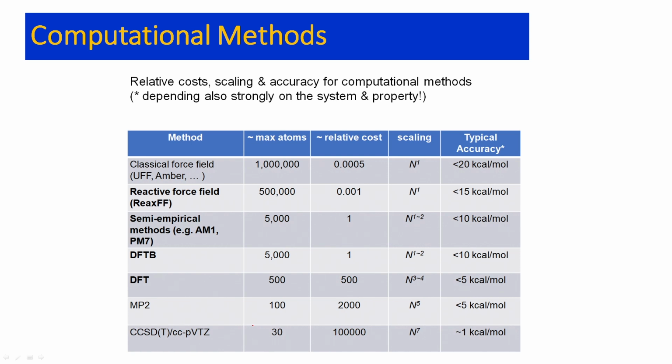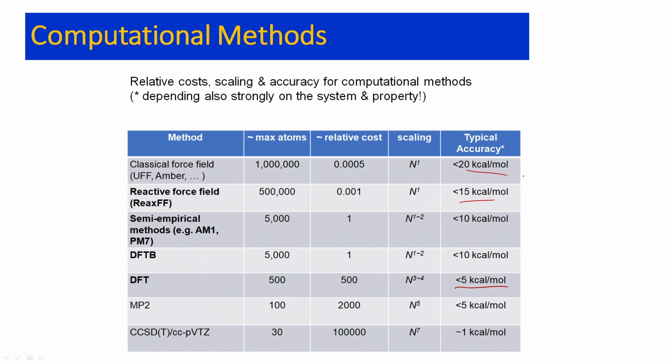MD with classical force field methods can use very large numbers of atoms, 100,000 or so. Now, DFT can use a very small number of atoms, 500 maximum, and it scales with 10 to the power 3. It is very costly, relative cost is almost 10 to the power 4 or 5 times larger. Typical accuracy is very large, as you can see compared to this and this.